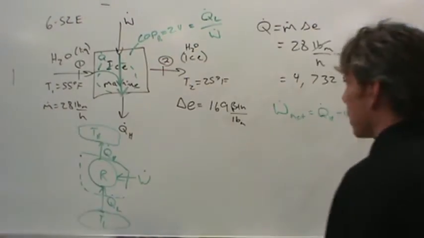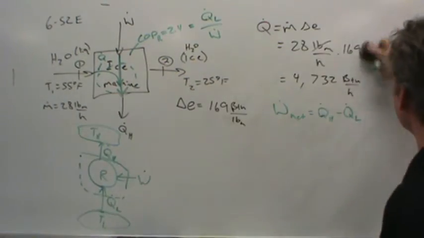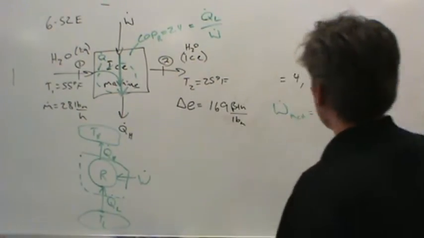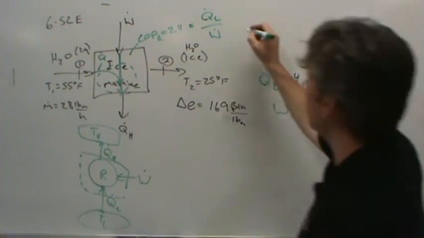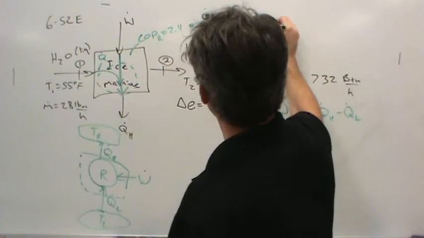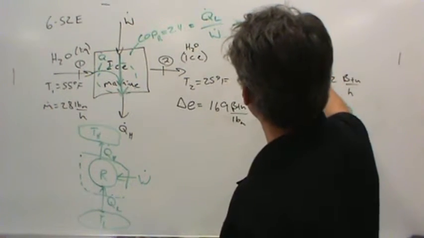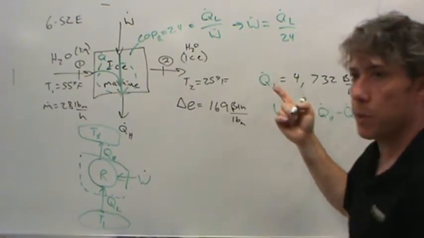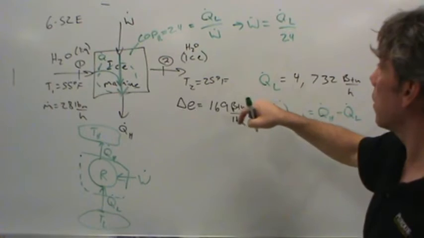So let's go ahead. Tell you what, let's work with this. We don't need this bit anymore. Let's just write Q dot L there now that we know what that is. Notice that if we want to calculate the power requirement, it would simply be Q dot L over 2.4. Just rearrange it algebraically, right? These two just change places. Okay.